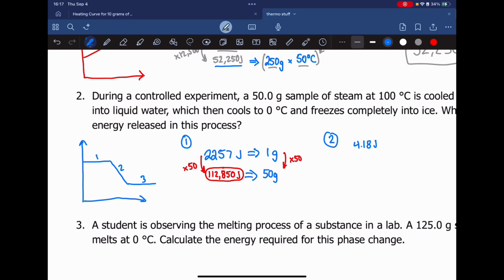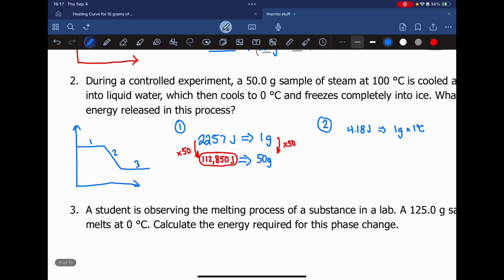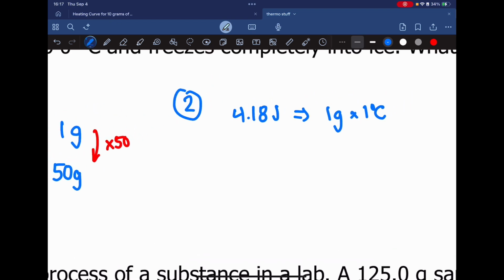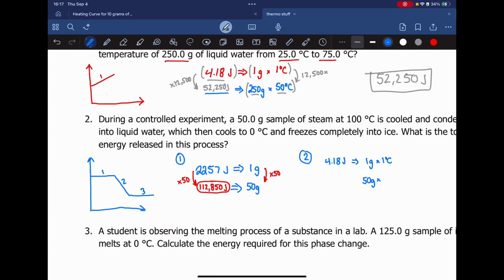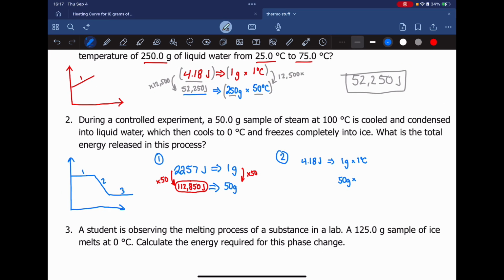And again, that is the number of joules that is released when 1 gram of water cools down by 1 degree Celsius. But of course, I don't have 1 gram of water, but what was it, 50? I have 50 grams of water. And how much am I cooling down by? Let's take another look at my heating curve. What is the temperature difference between here and here?